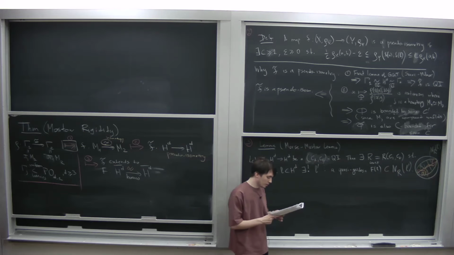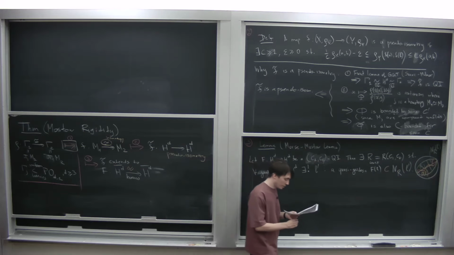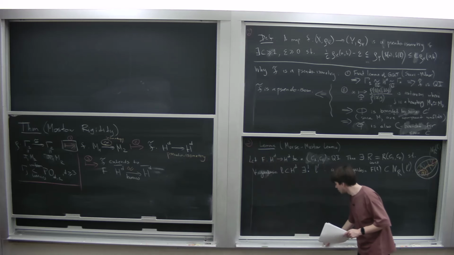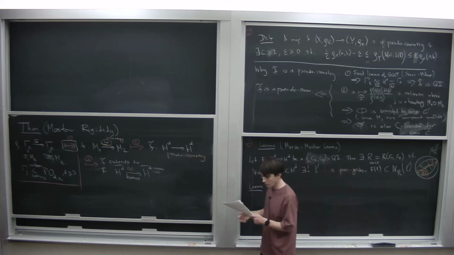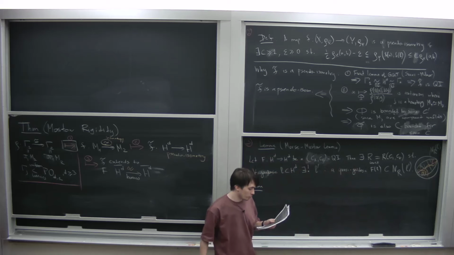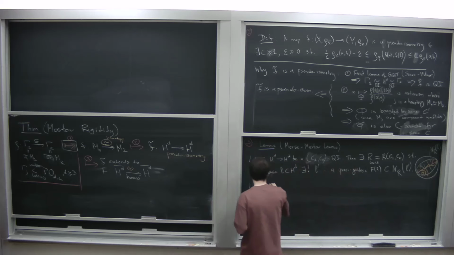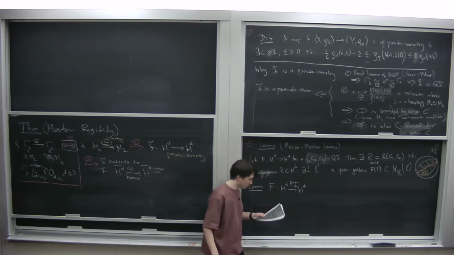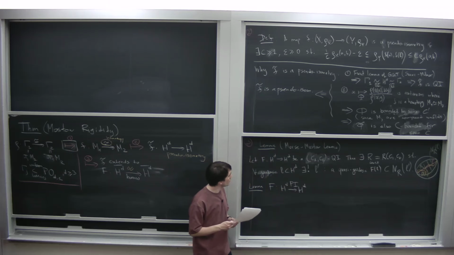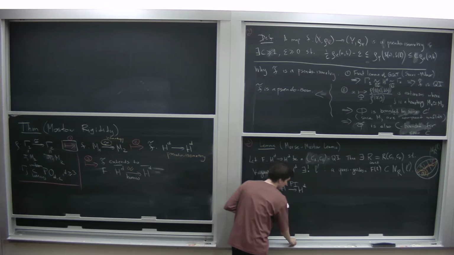Okay, then the second step is the following. So the second lemma. If F is a pseudo-isometry, I will write PI for pseudo-isometries. But I think it's still true for, oh no, probably I already need pseudo-isometry here.